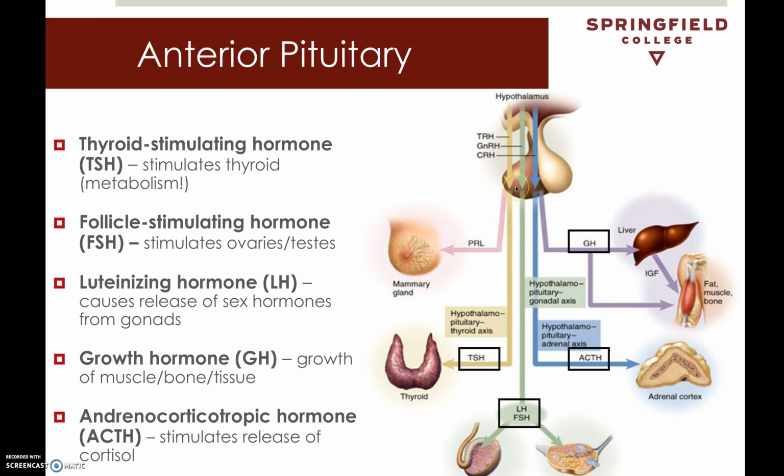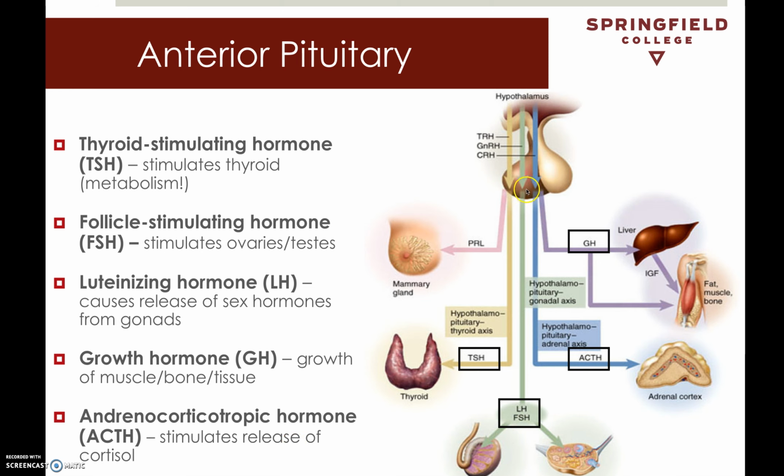From the anterior pituitary gland, which gets its direction from the hypothalamus, we have growth hormone, which acts on muscles, bones, and tissue to guess what? Grow. We have adrenocorticotropic hormone, which gets a message from the anterior pituitary gland and stimulates the adrenal cortex, which releases cortisol, and that is our body's natural anti-inflammatory.